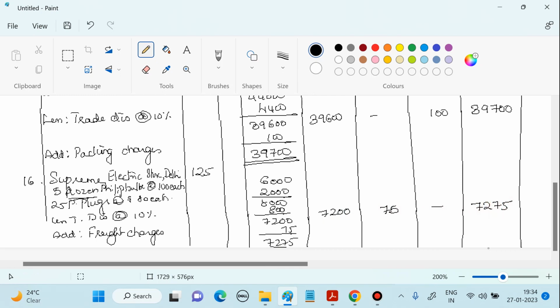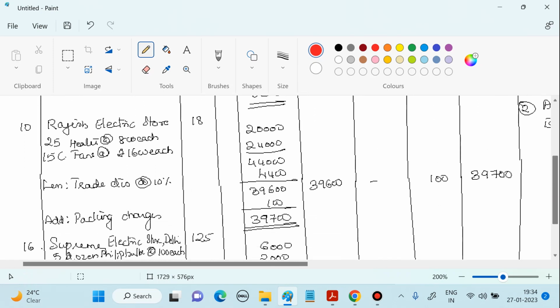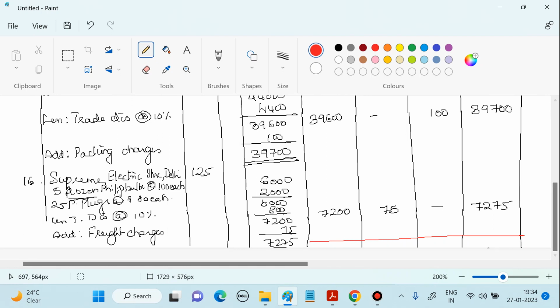As I'm running out of space, I'll just write the total here. You have to do it in the next line. So the total of this would be how much? These three items, 6,300, 39,600, 7,200. I will write the totals in red. 53,100.